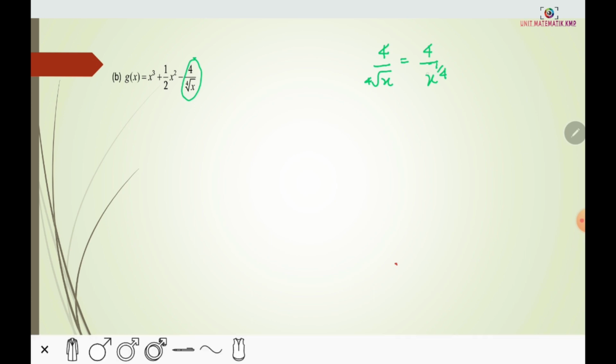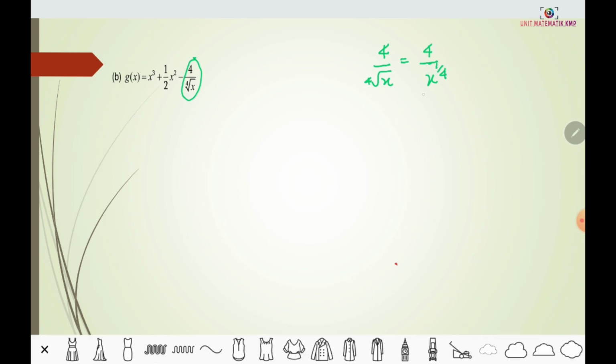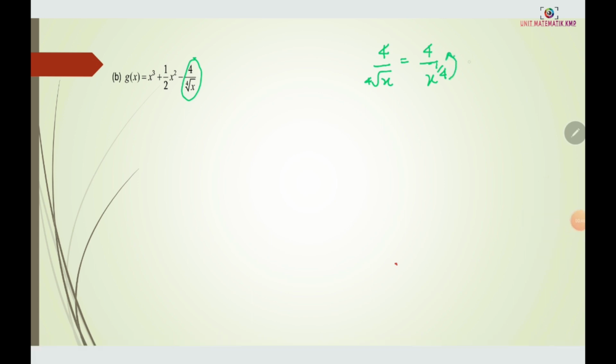Because we need to differentiate this type of function, which is in terms of a fraction, we have to bring it up, so it becomes a negative power. Remember, so we have 3x cubed plus 1 over 2x squared minus 4 x power of negative 1 over 4.